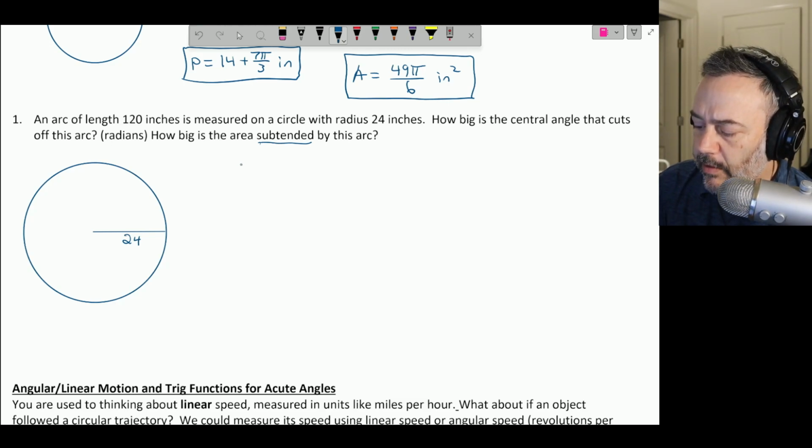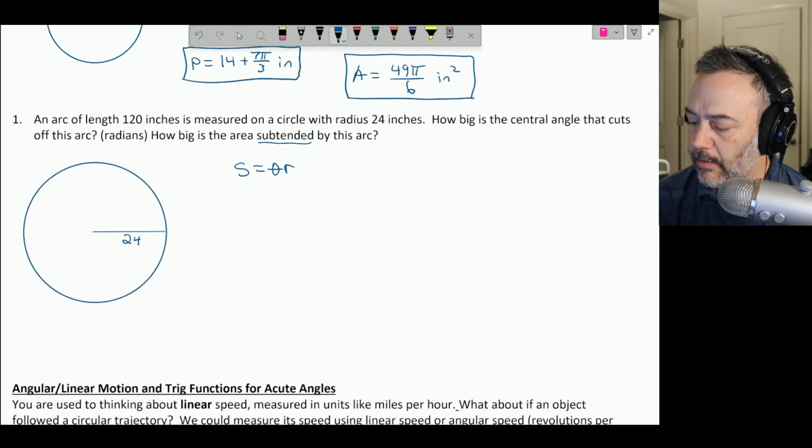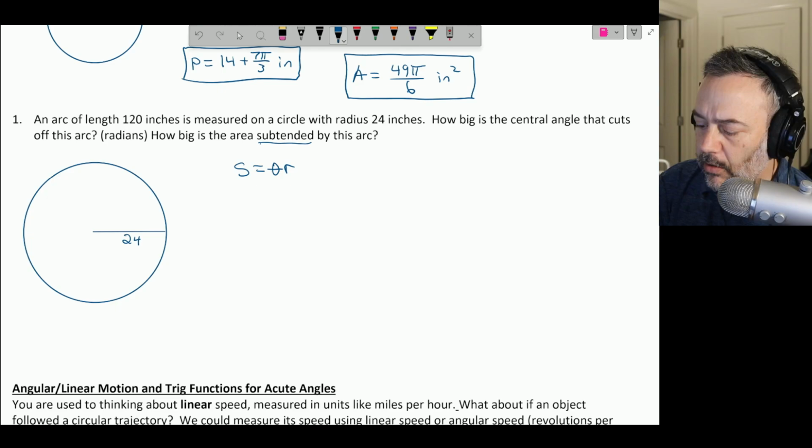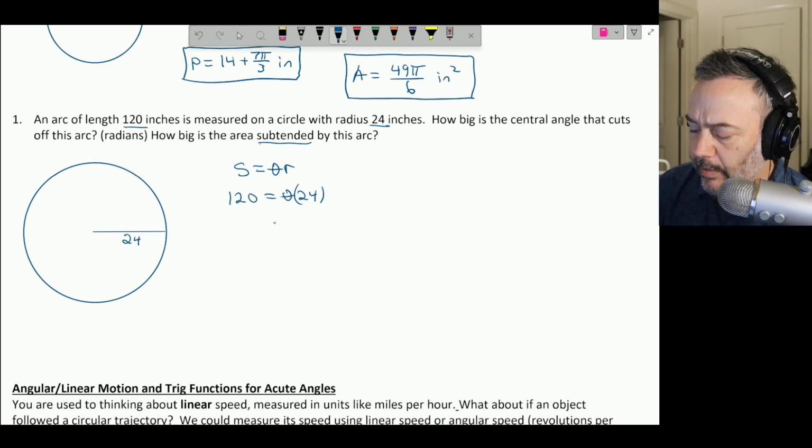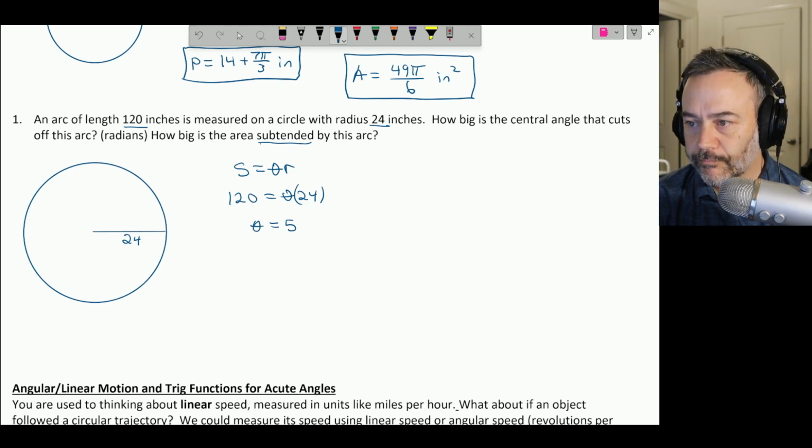So we have S equals theta r, that's our arc length. And they gave us that the arc length is 120 and the circle has a radius of 24 inches. So it's pretty simple. We just plug into this formula, 120 equals theta times 24, and divide, and we get theta equals 5.